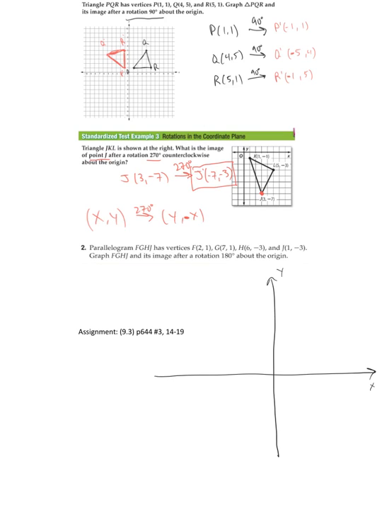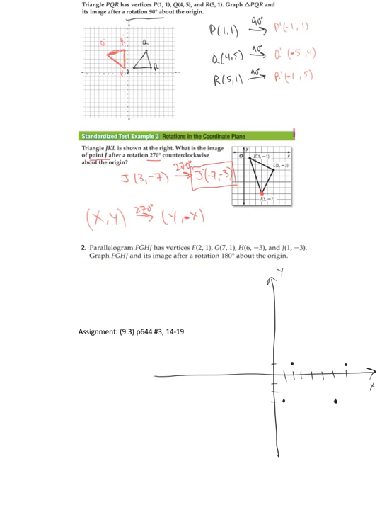So (2, 1), (7, 1), (6, -3), and (1, -3).